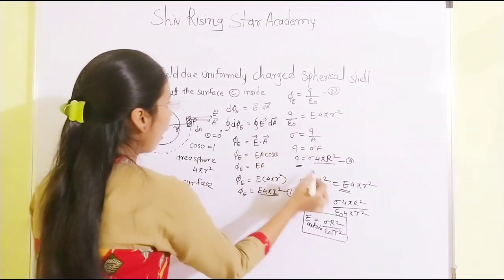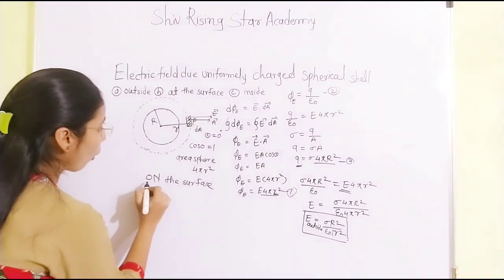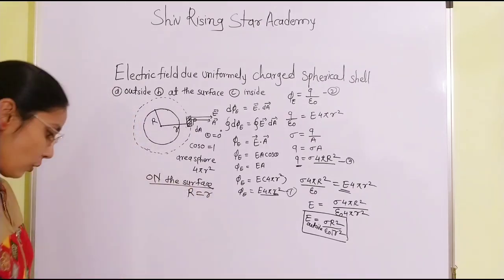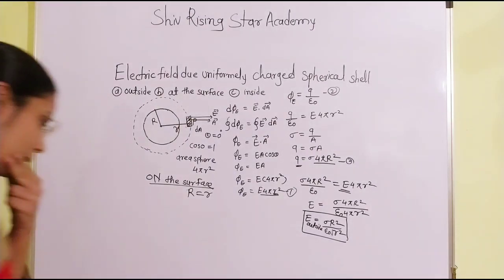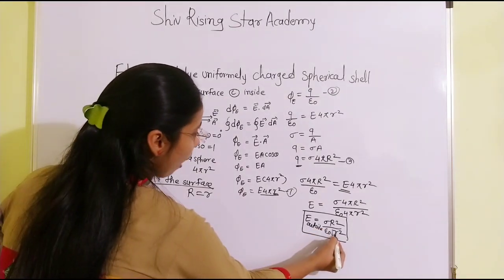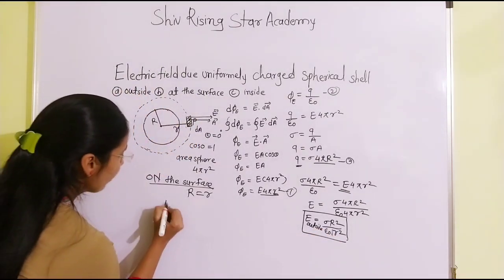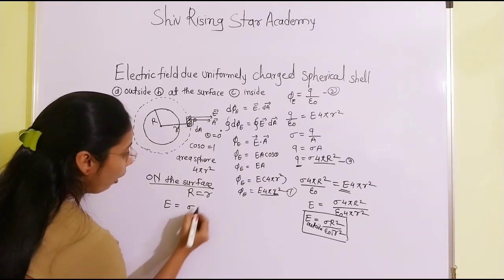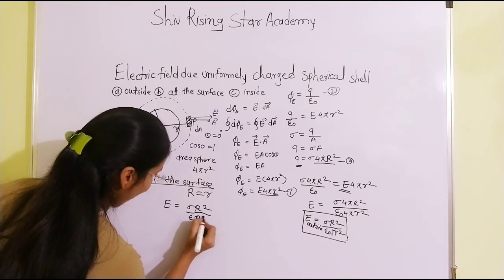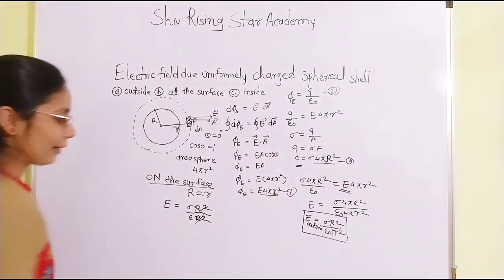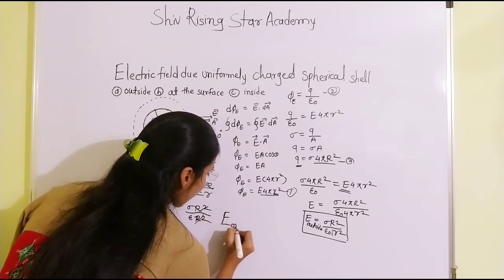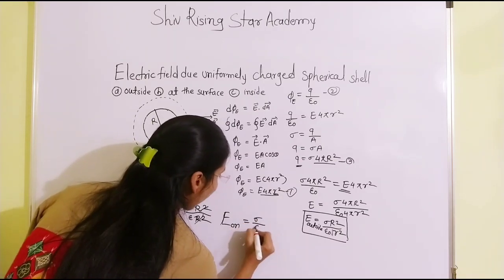Everything is the same but the radius changes, and on the surface r is equal to R. So instead of this r we can take capital R. So E is equal to sigma R square upon epsilon naught R square. So this R square gets cancelled. E on the surface is equal to sigma by epsilon naught.